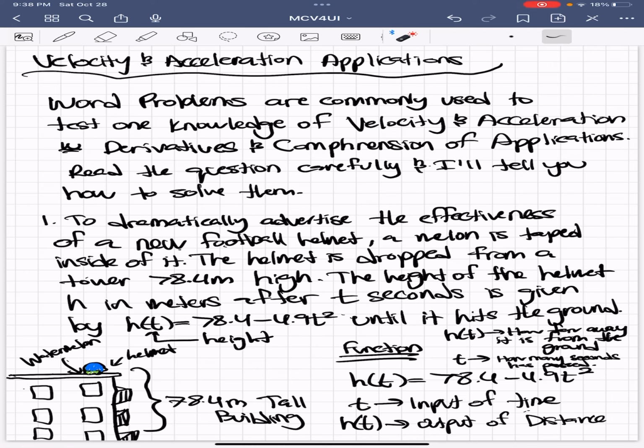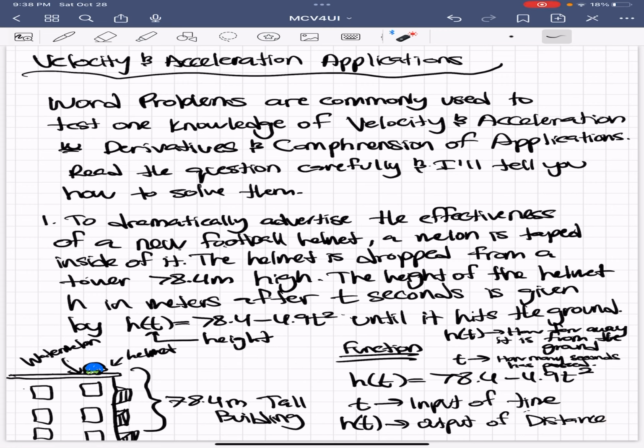So h of t is the height, and the input for t is time. So h of t is how far away it is from the ground, and t is how many seconds have passed, and that's our function right there. So t is the input of time, and h of t is the output of distance.